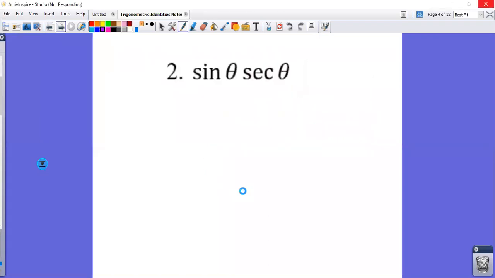All right. So same thing. Sine times secant of theta. So if it's just sine, write it as sine over 1 as a fraction. Secant, that's the reciprocal of cosine. That is 1 over cosine. There's nothing that cancels out.